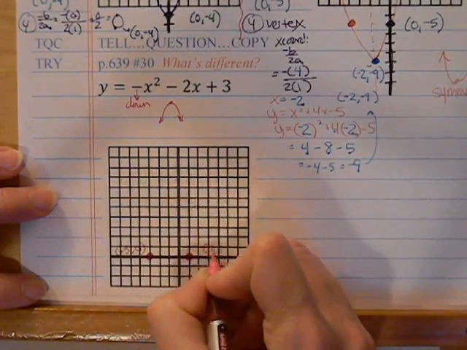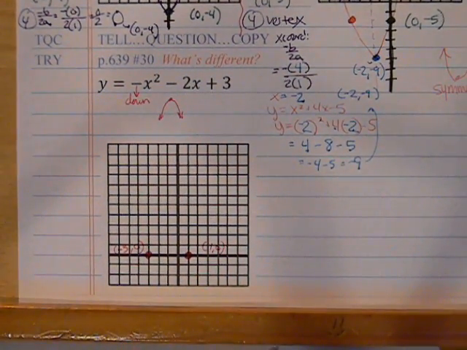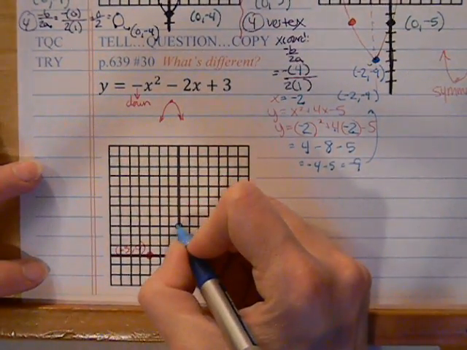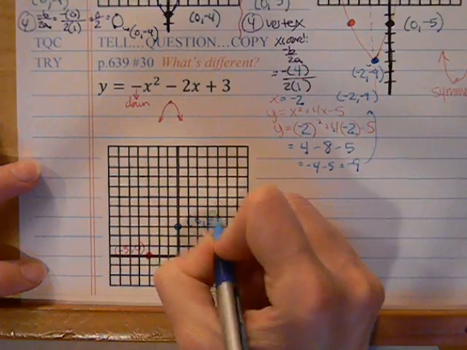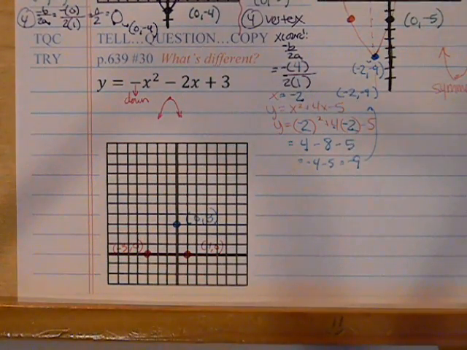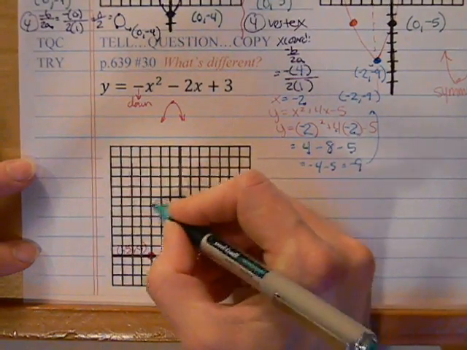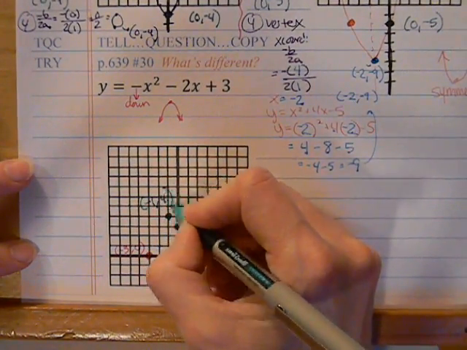Negative 3, 0, and 1, 0. When you go for that y-intercept, you should get 0, 3. Then when you figure out your vertex, you should get a vertex of negative 1, 4.